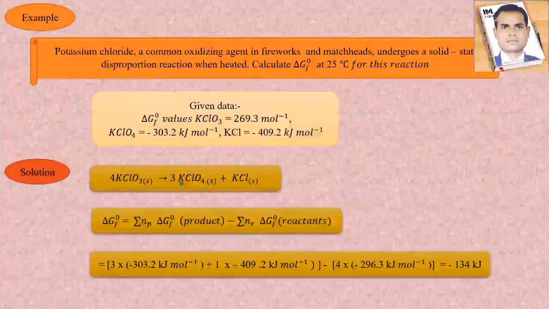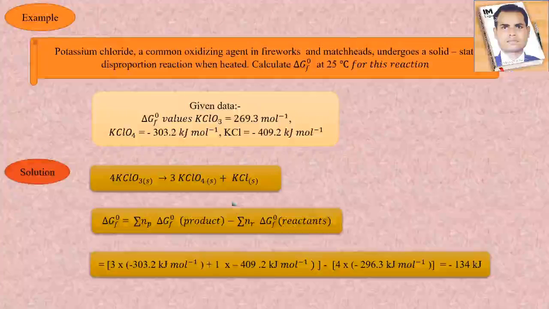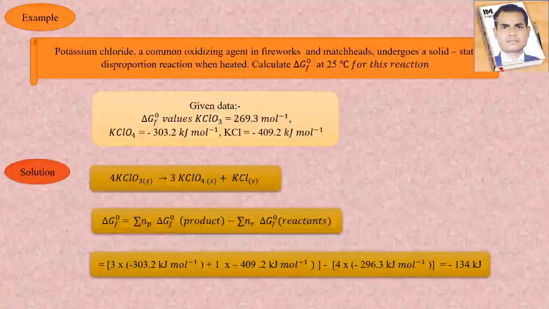How many moles of KClO4? 3 moles, so we write 3 into the value for KClO4, that is minus 303.2 kilojoule per mole, plus 1 into the value for KCl, minus 409.2 kilojoule per mole.